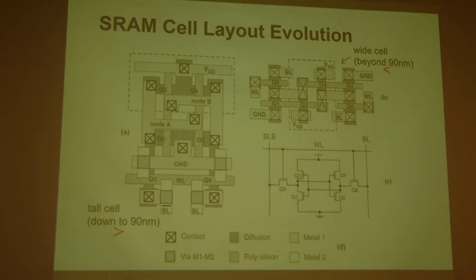Again, a question for you: if you have this kind of layout, how do you figure out which is which? It has labels here. So again, very easy, right? This box must be the N well. So this is PMOS, okay?